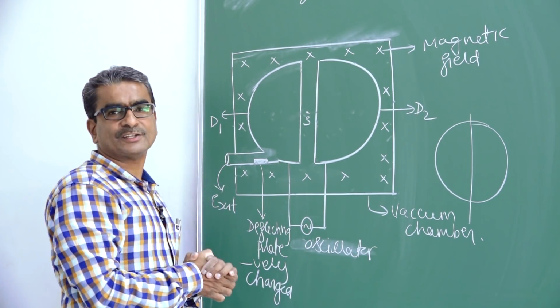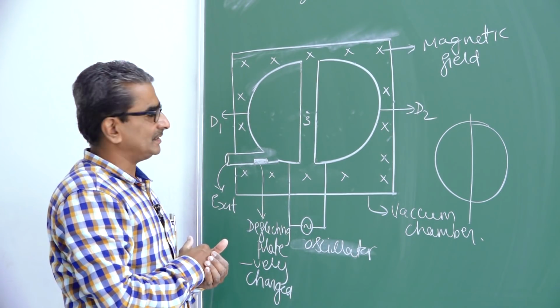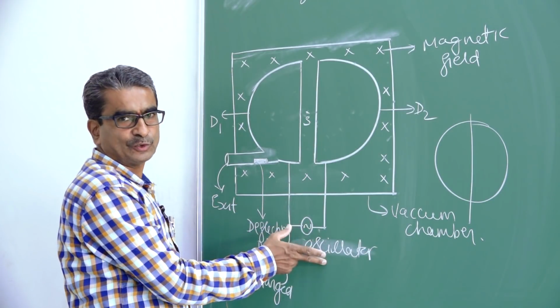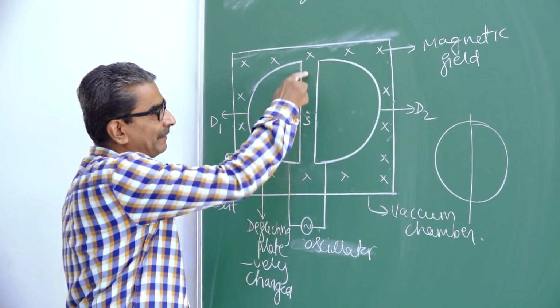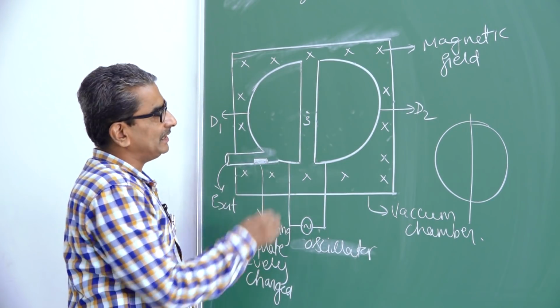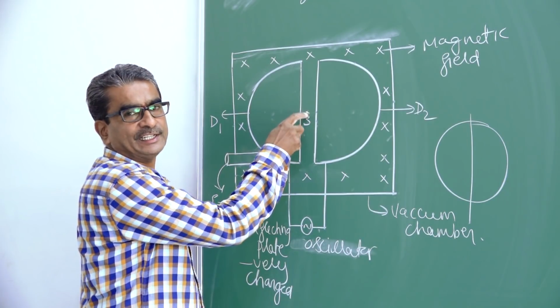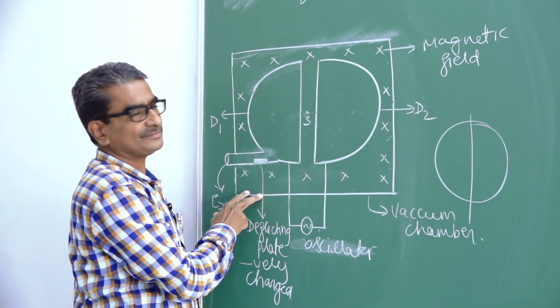So a very simple construction: two metallic discs which are connected to a high frequency AC source known as oscillator, which provides the electric field in the gap between the two discs. In the same gap, an ion source is kept. It emits positively charged ions.